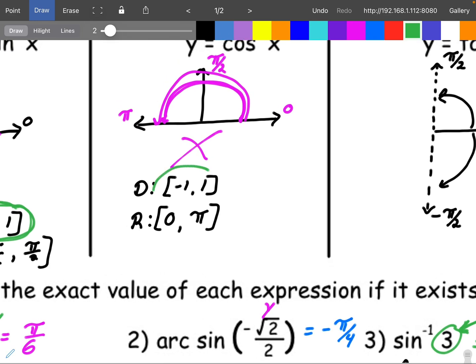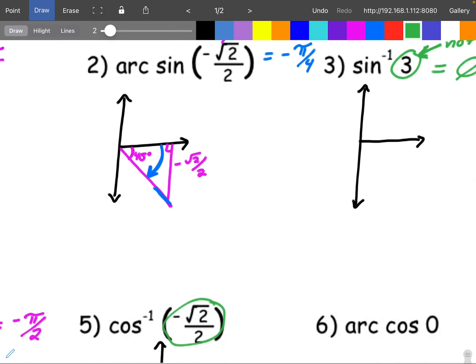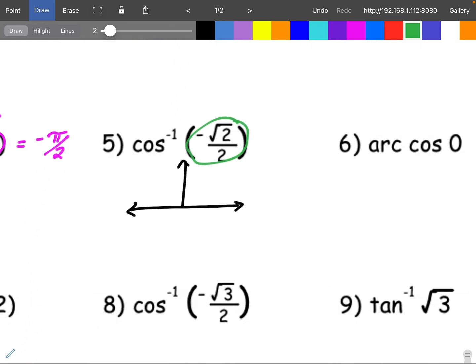So for arc cosine or inverse cosine, my domain can be anywhere from -1 to +1. So, yes, that is somewhere between -1 and +1. So then, since we know that it's possible, we now look at where within those two quadrants would my cosine be negative square root of 2 over 2.